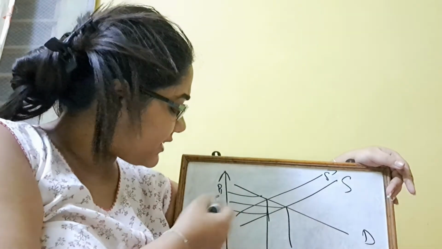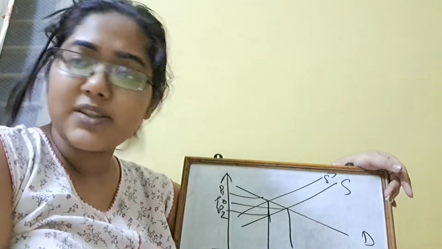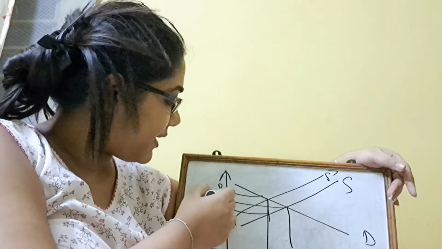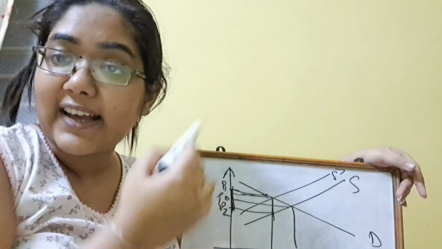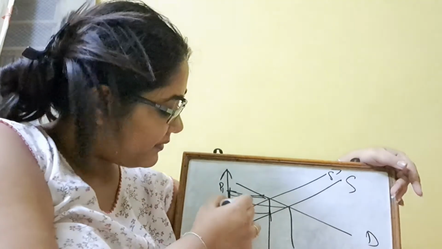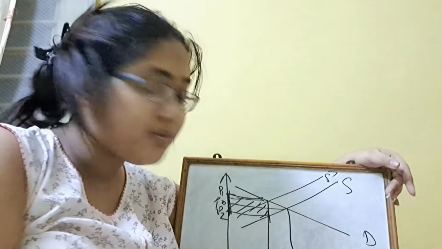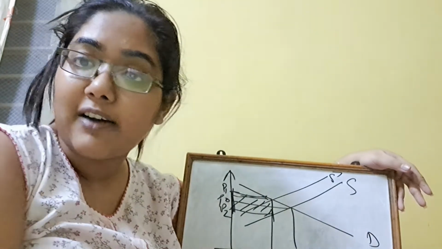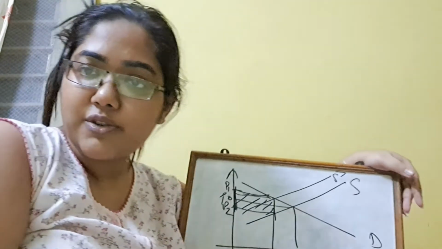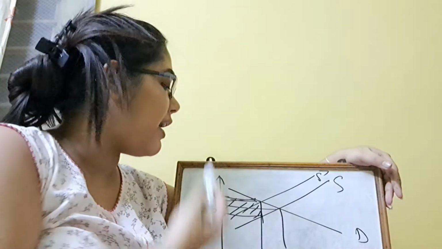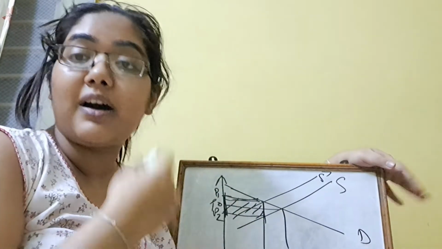But you will say that the equilibrium price was P0, so why are they paying more? Because the difference between P1 and P2 is the tax. This is the tax revenue that is appropriated by the government. Okay, have you understood? I suppose you have understood.